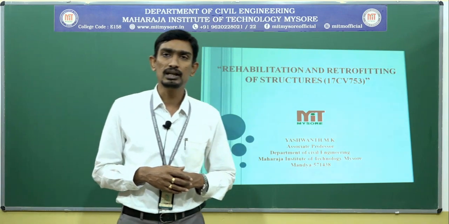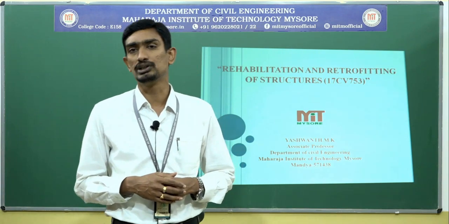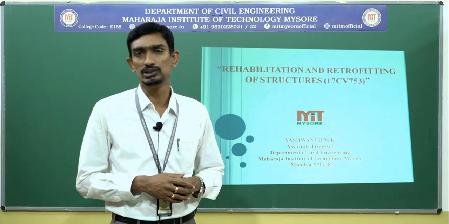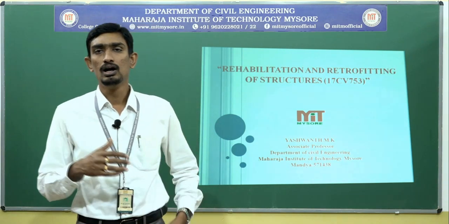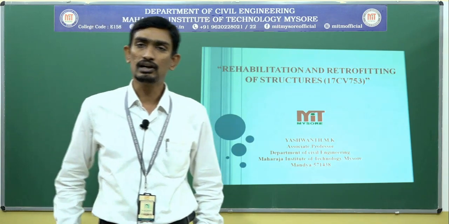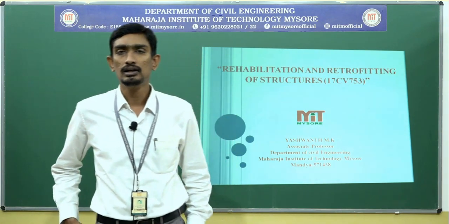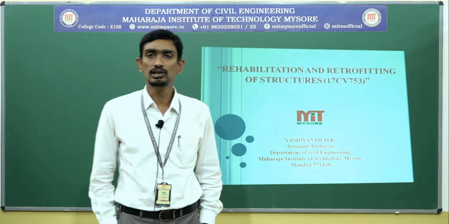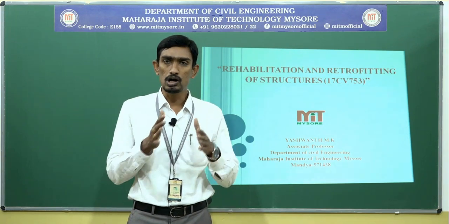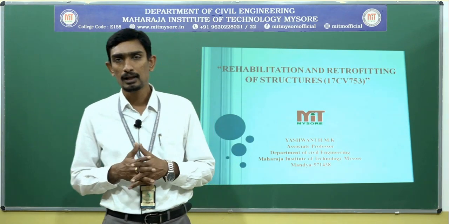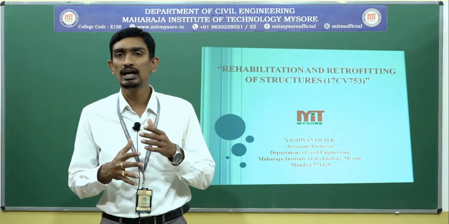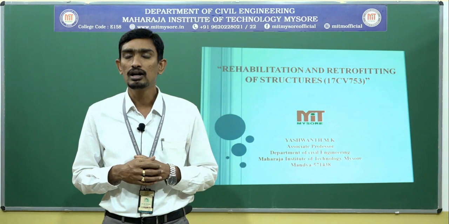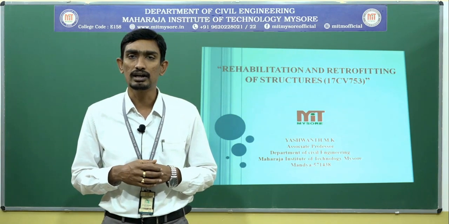And also we learned the phenomenon of corrosion, how this corrosion is going to happen, the mechanism. Next, we also learned how to protect against this corrosion. So in module number 1 and module number 3, we learned the various causes for deterioration of concrete structure.